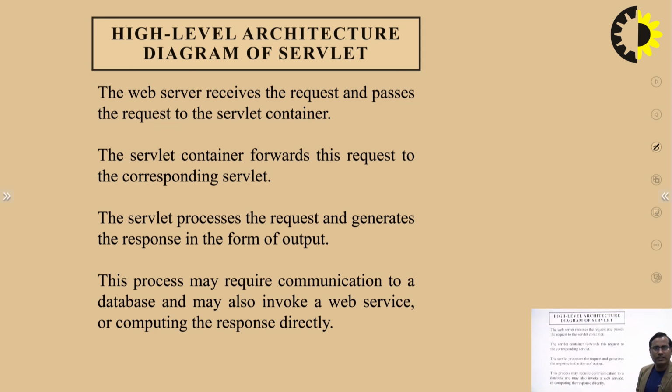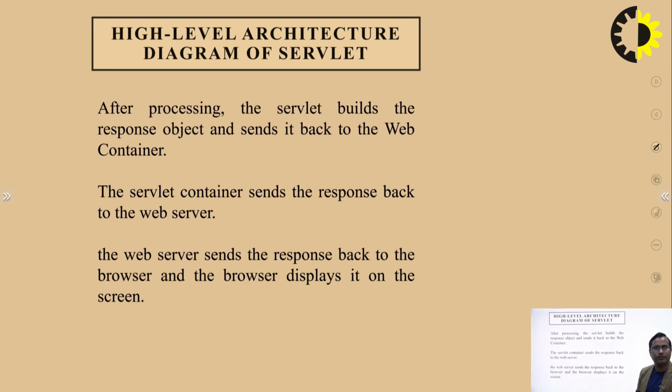So the web server receives the request and passes the request to the servlet container first. The servlet container forwards this request to the corresponding servlet, as we have seen. The servlet processes the request and generates the response in the form of output, and this process may require communication with a database, as I have said, and may also invoke web services or compute the response directly.